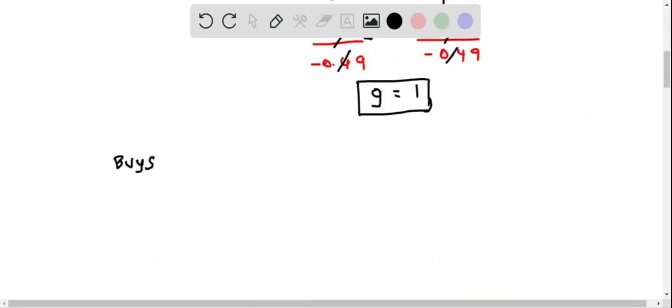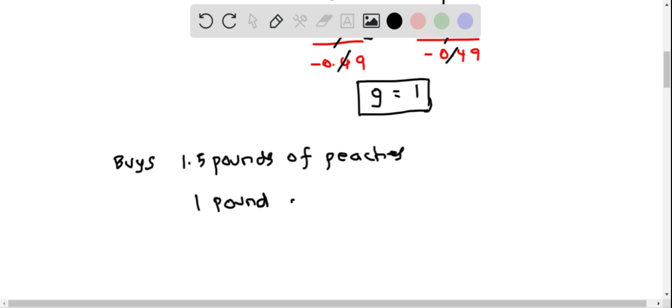So we say that the person buys 1.5 pounds of peaches and 1 pound of grapefruits. And that answers this question.